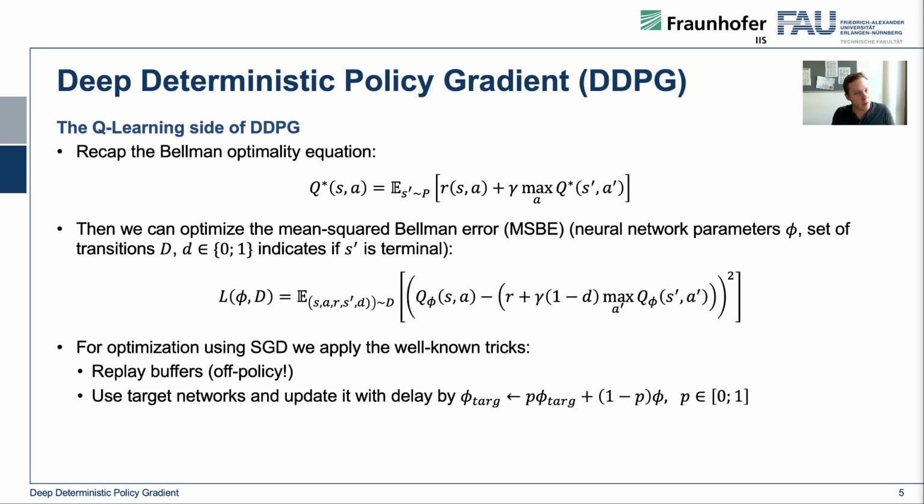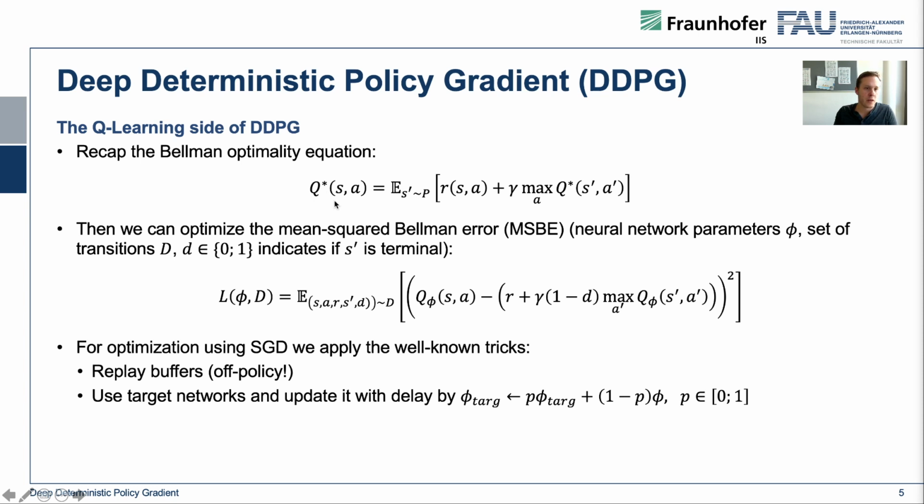To boil this down, let's just recap the Bellman optimality equation. That is what we actually want to learn. This is the Bellman optimality equation that you also know from earlier videos of this year's reinforcement learning class.